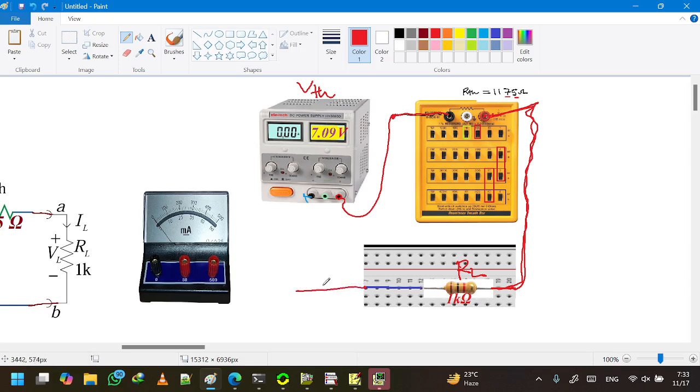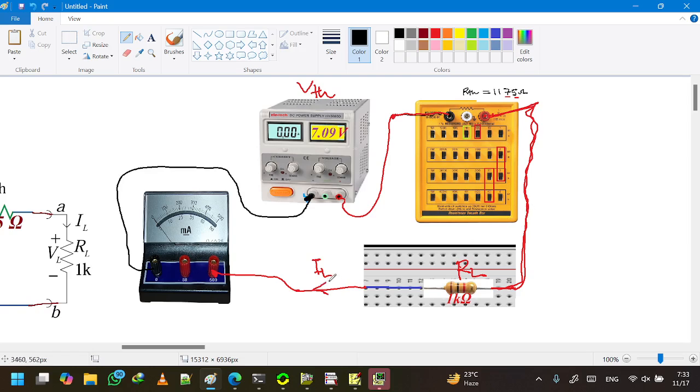Now we need to measure the current that is flowing in this direction. So this is IL. We are supposed to get the same as the previous one. So we connect it to the positive side of the multimeter or the ammeter. This one is not the same as we have in the lab, so perhaps we need to make sure which range we are connecting. Anyway, the negative terminal of the ammeter should be connected to the power supply's negative terminal, completing the circuit.